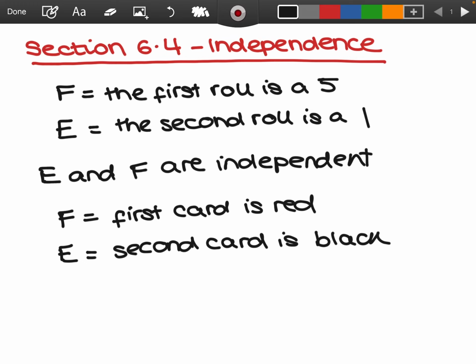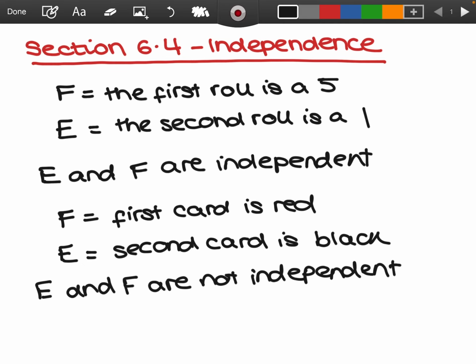Now, what happens when I take out my first card will affect what happens when I take out my second card, because it's going to affect the overall number of cards in the deck, and therefore my chances of drawing either red or black is going to change for the second time that I pull a card out. So E and F are not independent in this case. So intuitively, we can see what independence means here when we look at events.